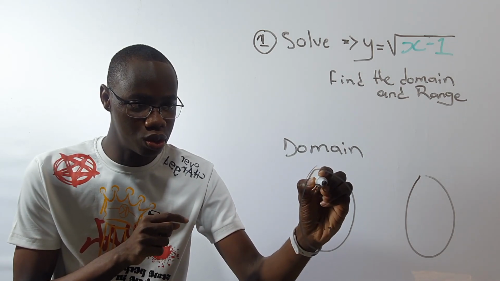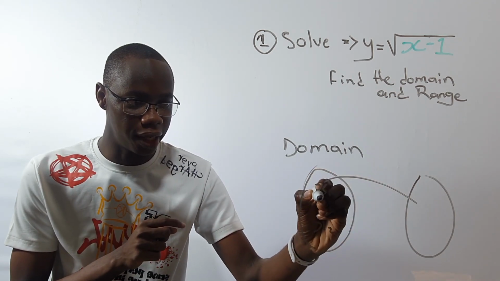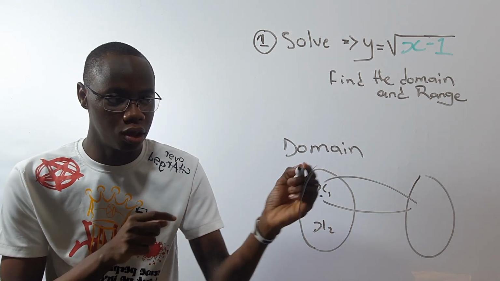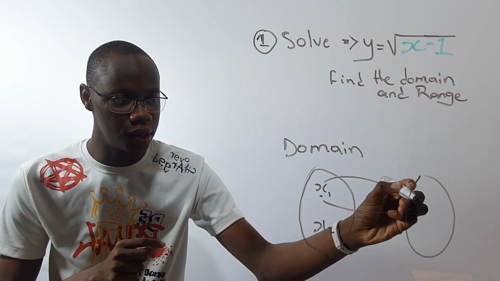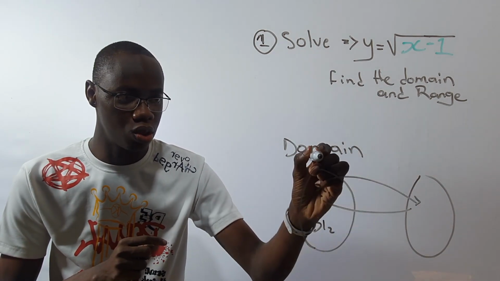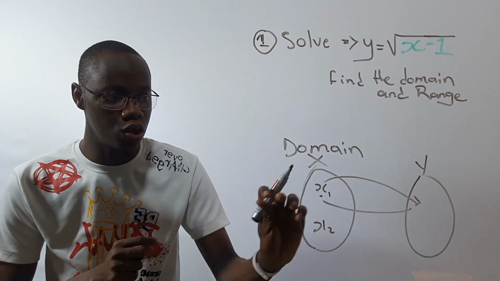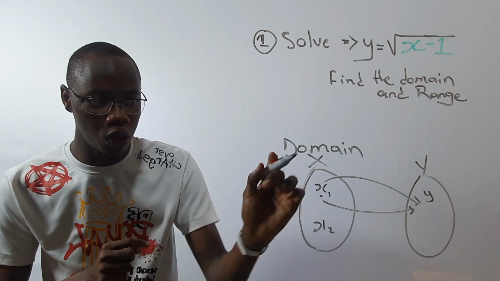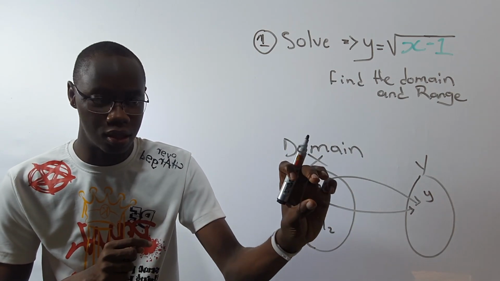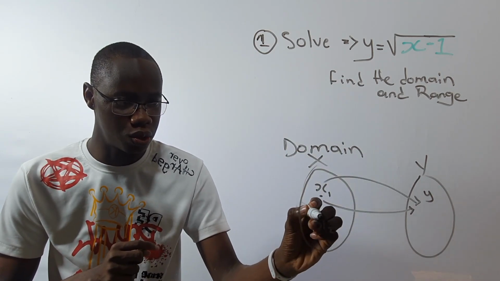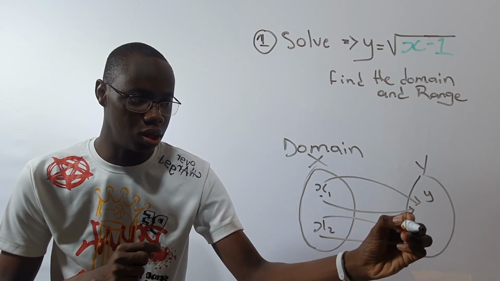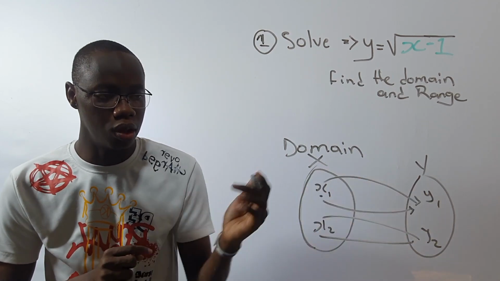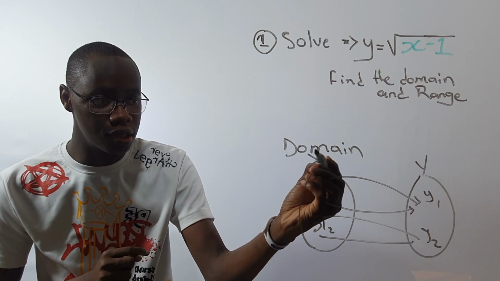They will produce something like a mirror version of themselves. So let's call this capital X and capital Y. They'll produce something inside here like this. So the result of this is Y, and the result of this, let's say Y2, Y1. So this is the domain.